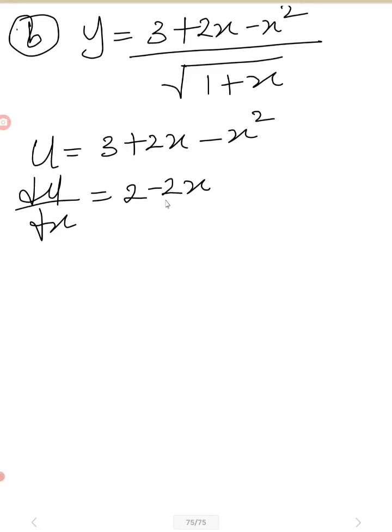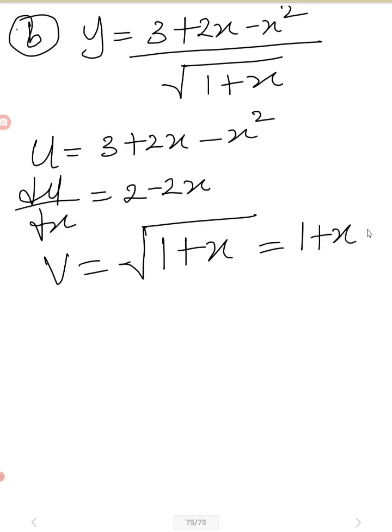So therefore let's differentiate v now. Our v is equal to root 1 plus x, which is 1 plus x all raised to power half.